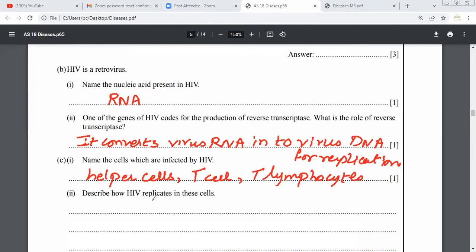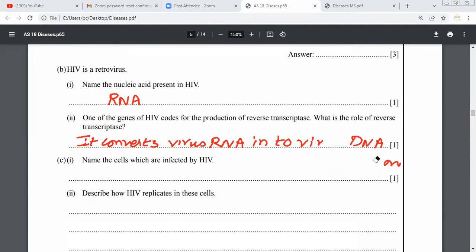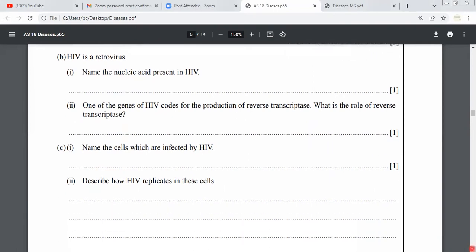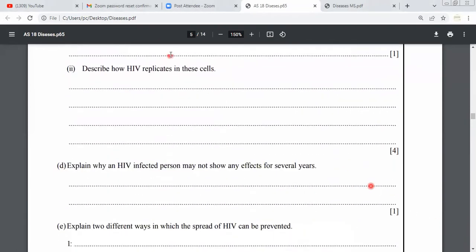Okay, describe how HIV replicates in these cells.